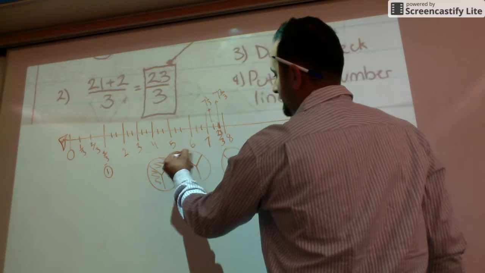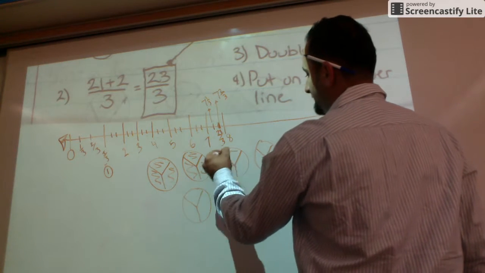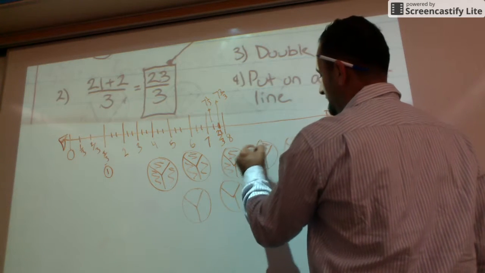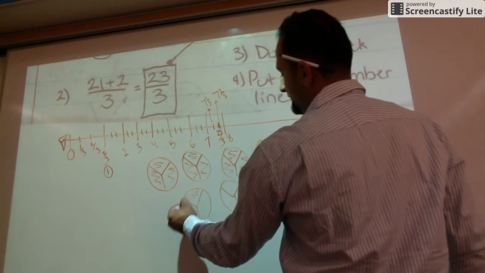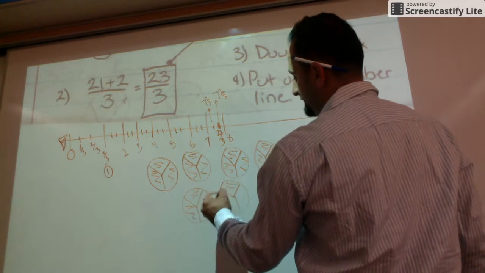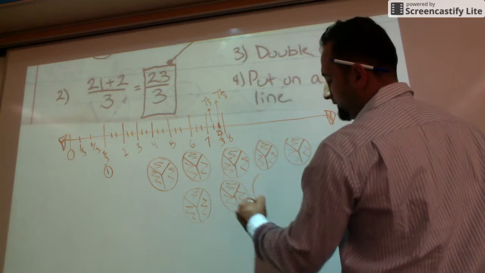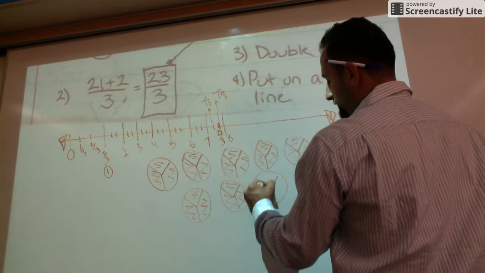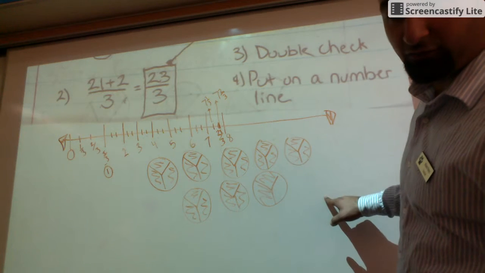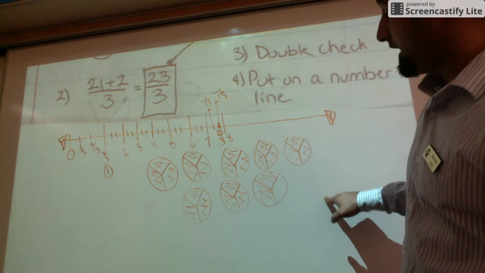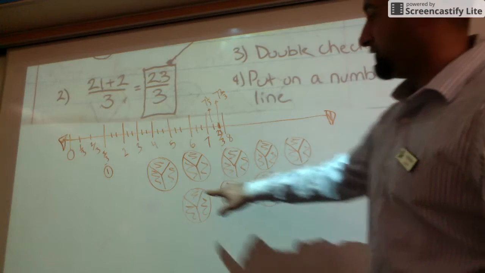I have 1, 2, 3, 4, 5, 6, 7, 8, 9, 10, 11, 12, 13, 14, 15, 16, 17, 18, 19, 20, 21. I've got to add one more. 22 and 23.